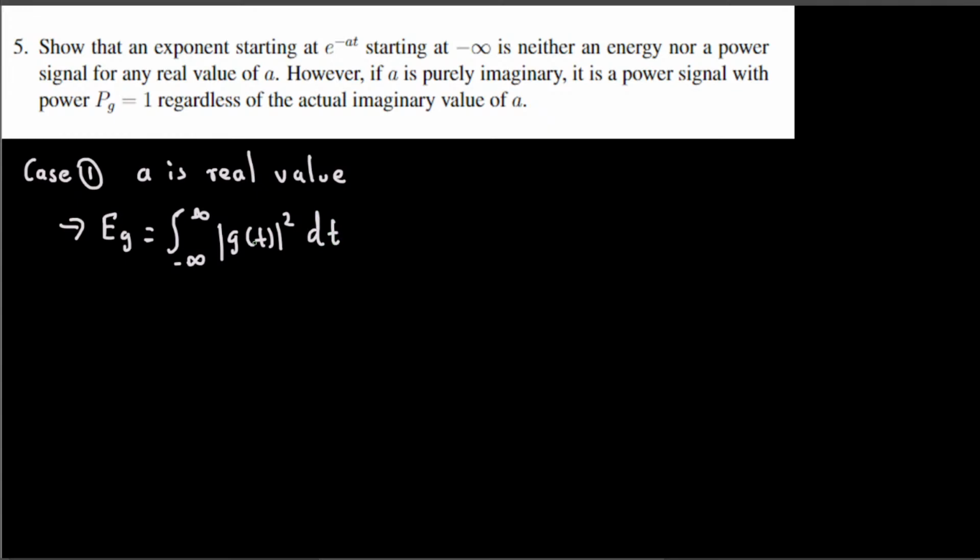This is the equation for the energy of a signal. Now from the given function we apply e^(-at) for g of t, so this is the integration from negative infinity to infinity of |e^(-at)| squared dt.